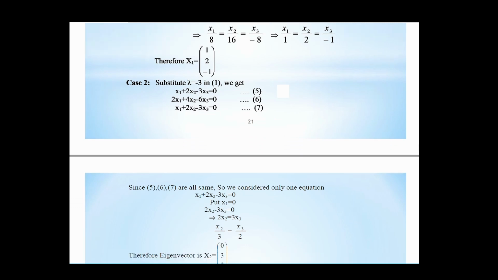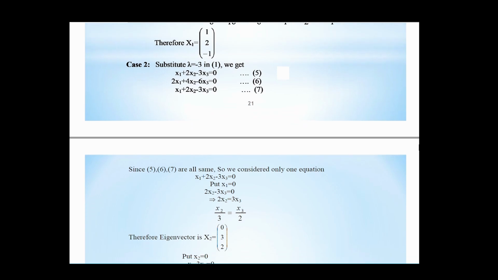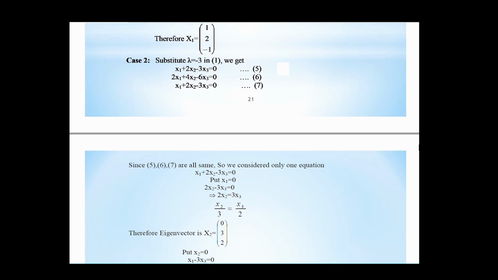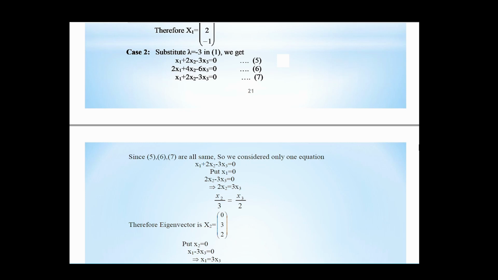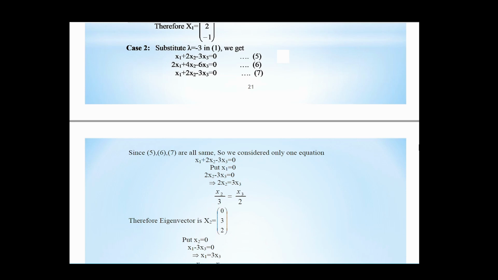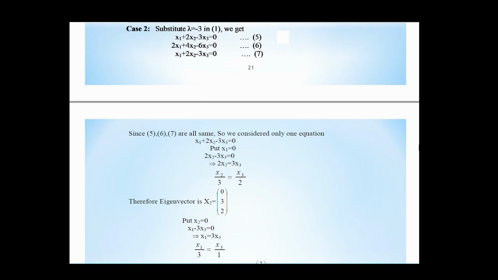The above system of equations becomes x1 plus 2x2 minus 3x3 equal to 0, 2x1 plus 4x2 minus 6x3 equal to 0, x1 plus 2x2 minus 3x3 equal to 0. Here the equations are all the same, so we consider only one equation. In that equation we put x1 equal to 0.